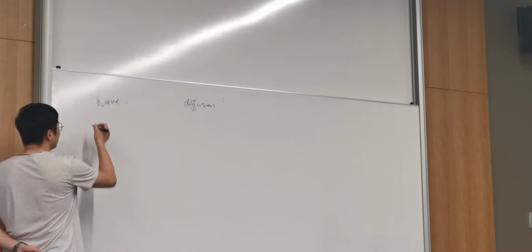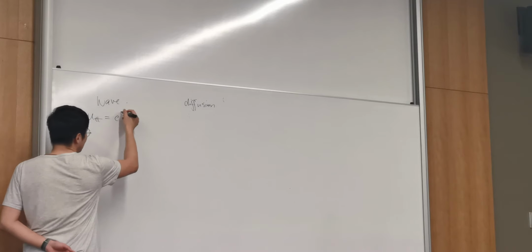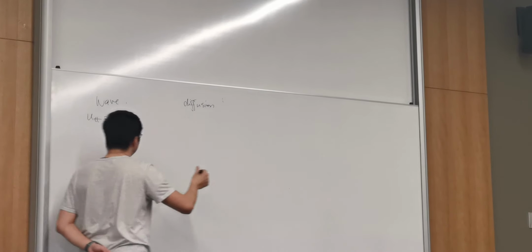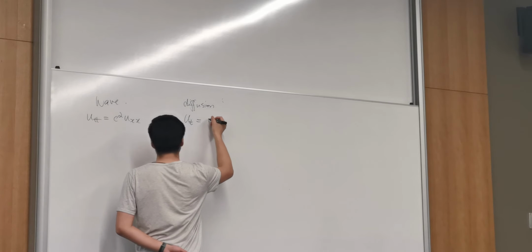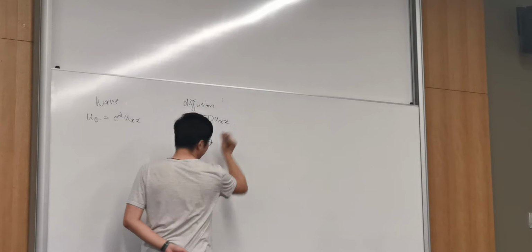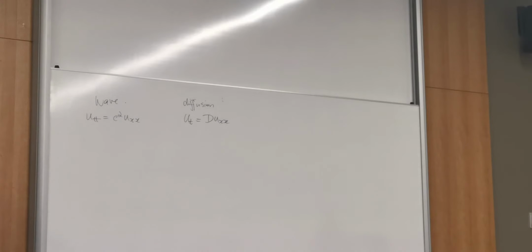In the 1D scenario, I have the wave equation u_tt equals c squared u_xx, right? And for the diffusion equation, I have u_t equals d u_xx. This is again in the 1D scenario.